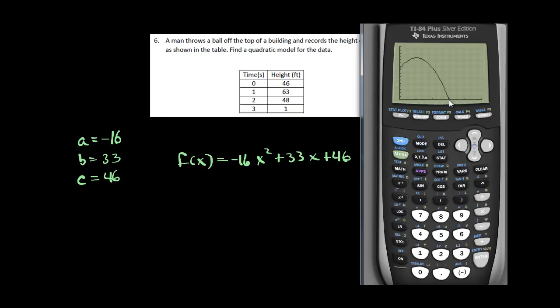To find where it hits the x-axis, what we can do is second trace, so second calc. And we want to find the 0. Where does it hit? Where does it 0 out? So we want to hit 2. It's going to ask us left bound. So what we want to do is put the cursor anywhere above the x-axis.